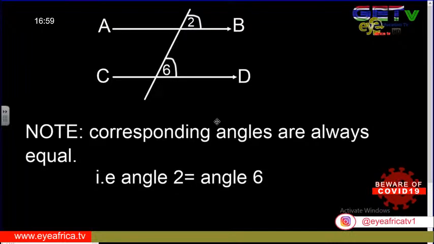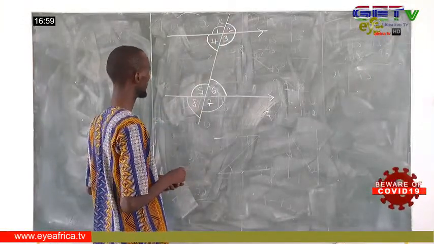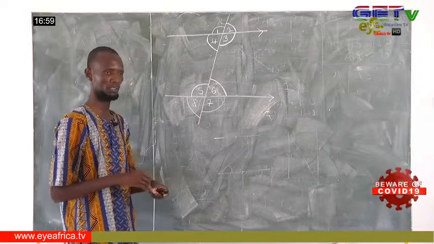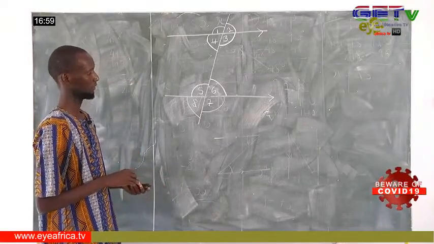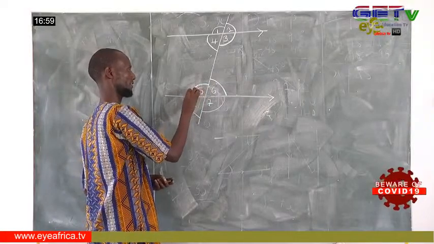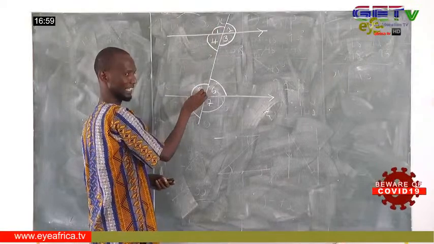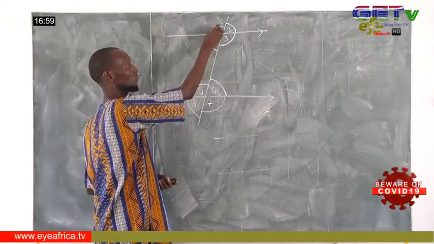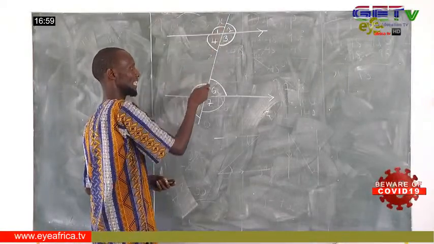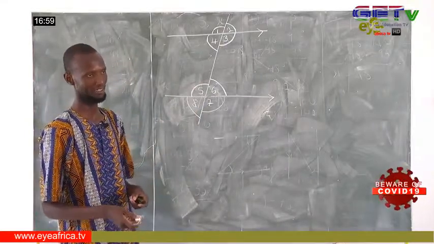Now let's try something. Apart from angle 6 and angle 2, can we find any other angles here that are also corresponding? Now if you look closely, you will see that angle 5 and angle 1, angle 5 is inside, angle 1 is outside, but they are on the same side. So therefore, they are corresponding and also equal.